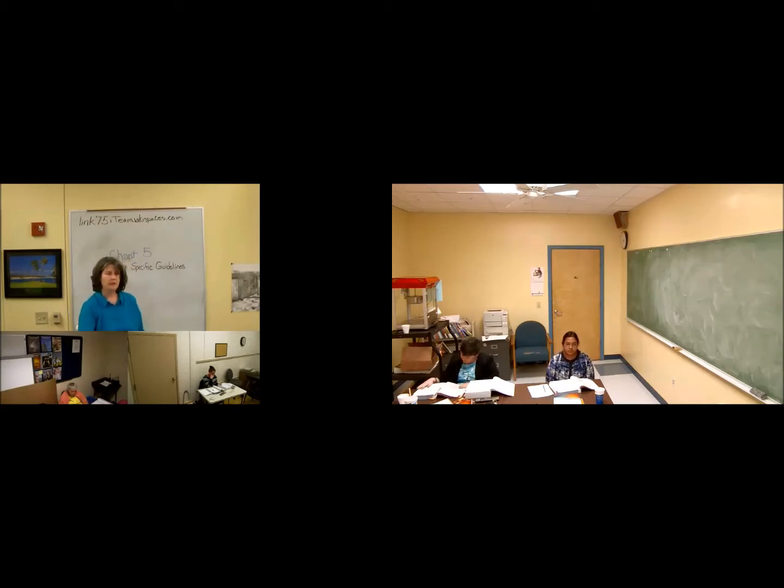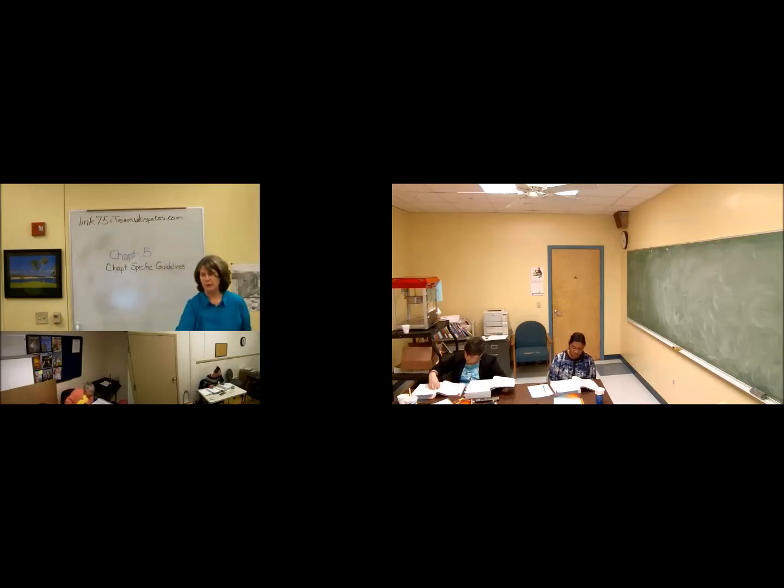Chapter 5, Mental, Behavioral, and Neurodevelopmental Disorders. Page 122 in your textbook. These are codes F01 through F99. If we have someone with alcohol dependence and use, it's going to fall into code F10. Opioids, cannabis, sedatives, cocaine, stimulants, hallucinogens, and nicotine, they fall between F11 and F19.